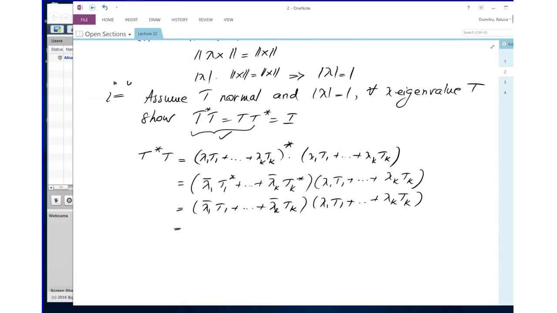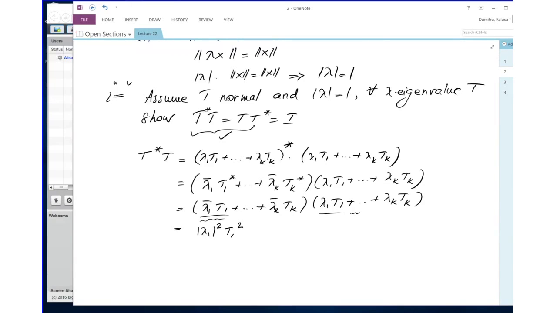Okay, so what happens now? Well, theoretically, I have to start distributing everything. But if I distribute, I just look at those absolute value of lambda 1 squared times T1 squared. But what happens when I take this first one and the second one that comes here? So I do lambda 1 bar T1 composition with lambda 2 T2.